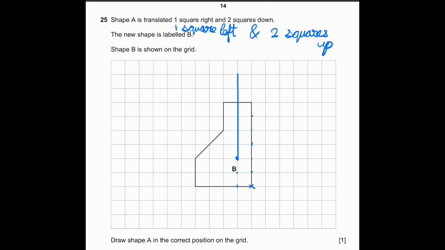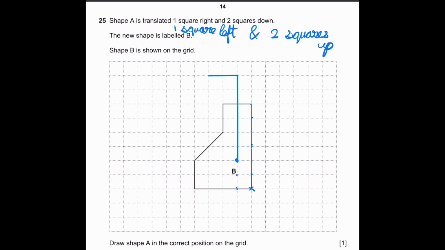Good. Now in the same way we draw the rest of the figure. Now 2 squares left, 2 squares down, 2 squares down left diagonal, 2 squares down and 4 squares to the right. Now the shape we have made is shape A.